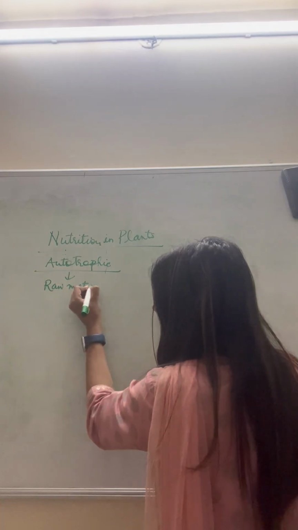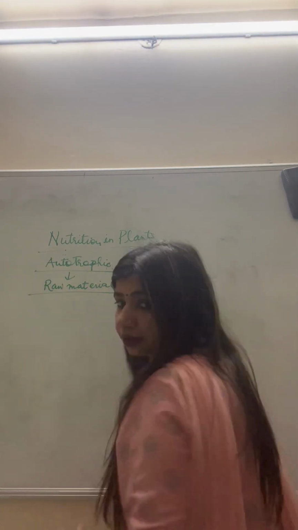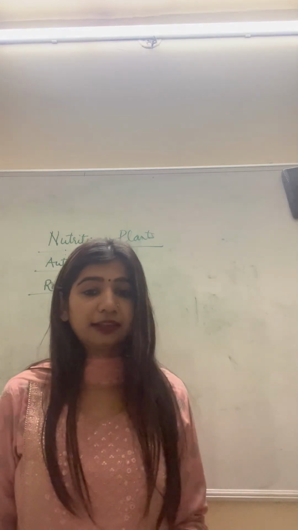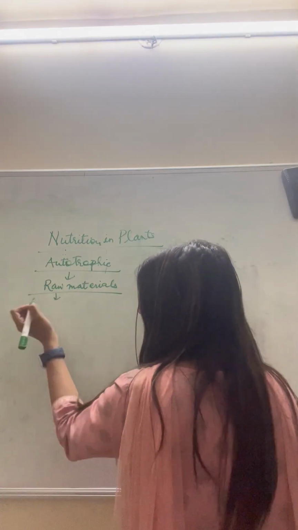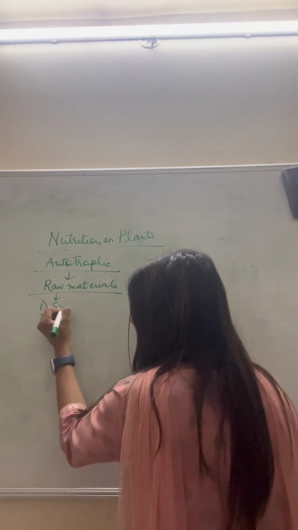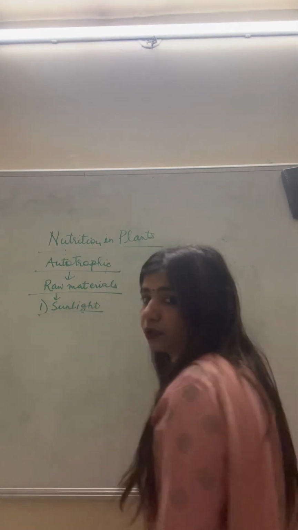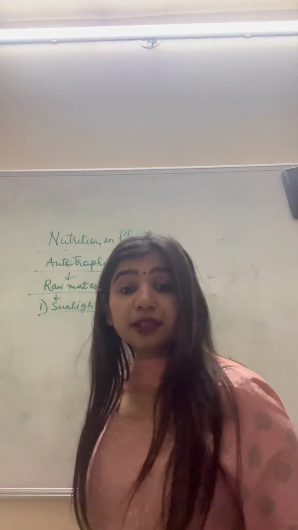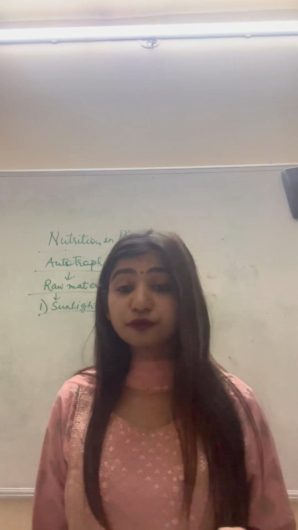Now we will talk about different types of raw materials which help plants in making their food. The first one is sunlight. Sunlight is the ultimate source of energy through which plants are able to prepare their food.